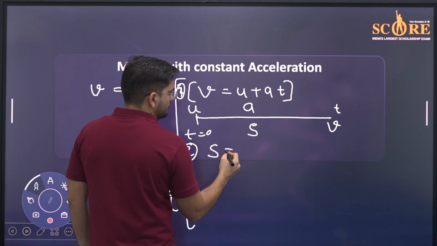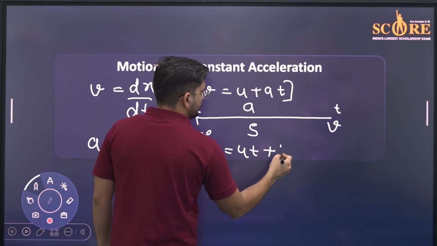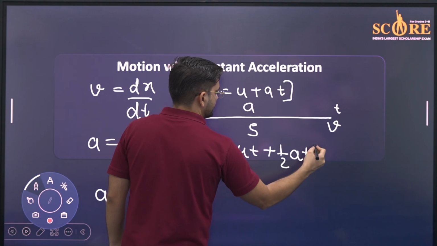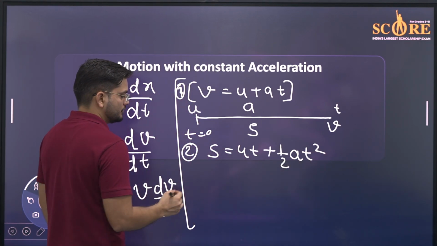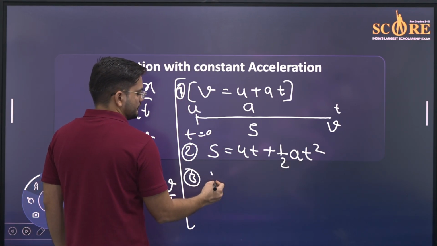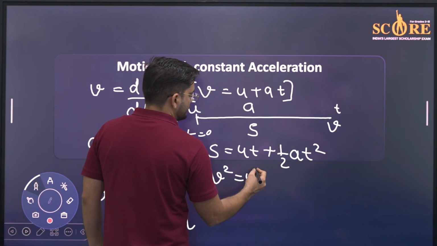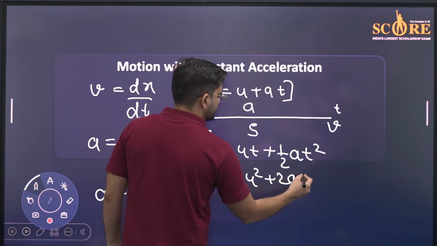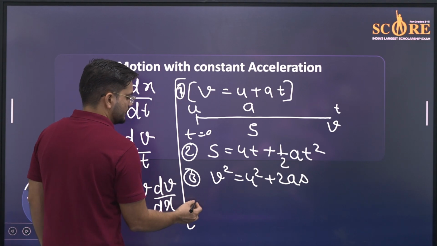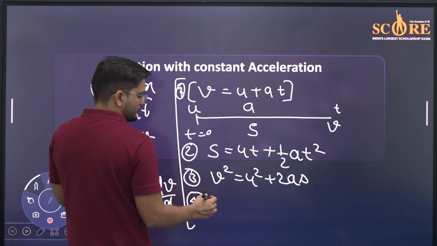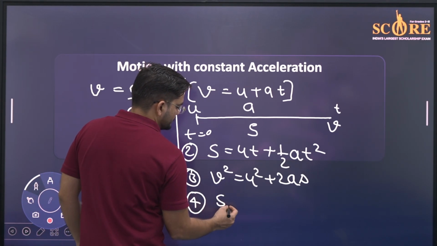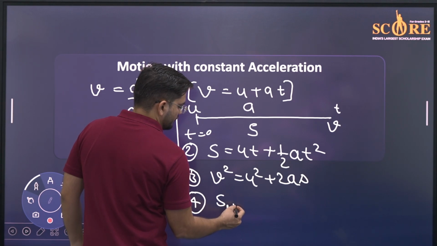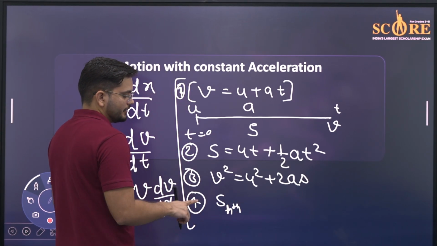And the second equation which should be remembered, s is equal to ut plus half a t square. Third equation, v square is equal to u square plus 2as, and the fourth is s nth. What is s nth?